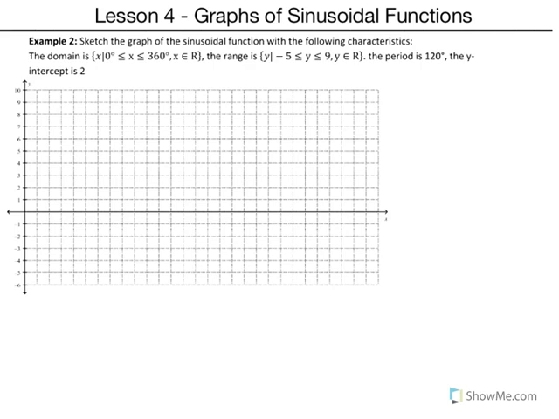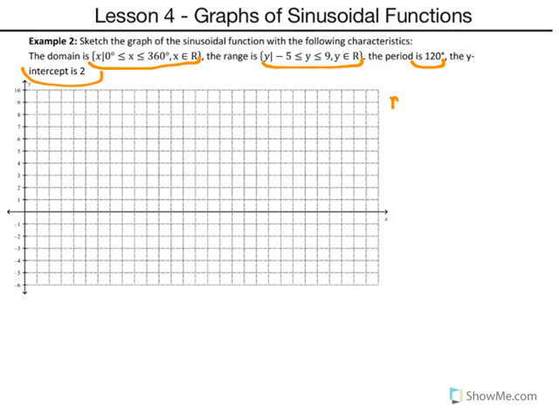All right, sketching graphs. You have to be really careful when you're sketching graphs to find all the information from what you've been given. So sketch the graph of a function with the following characteristics. From 0 to 360, with a range of -5 to 9, and a period of 120, and a y-intercept of 2.